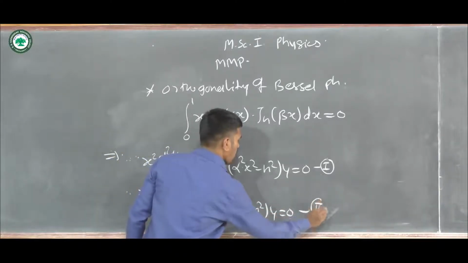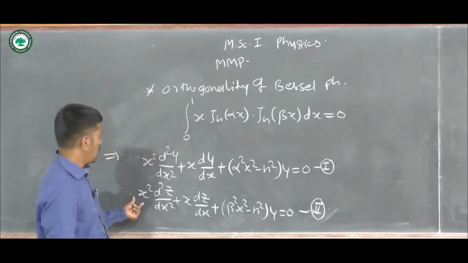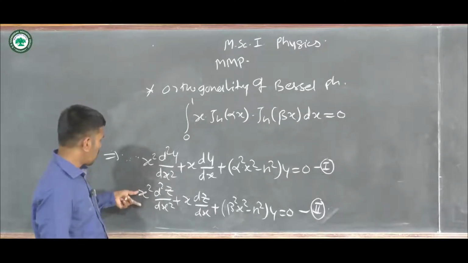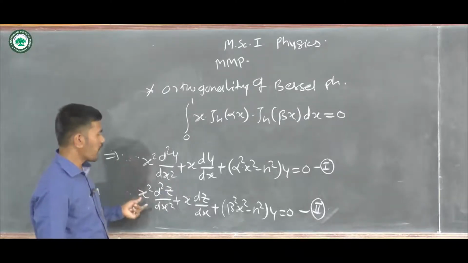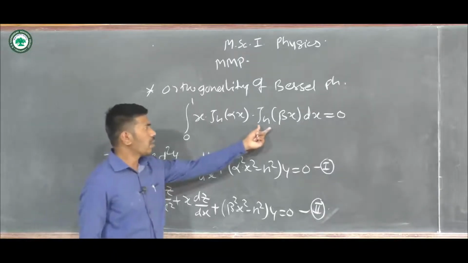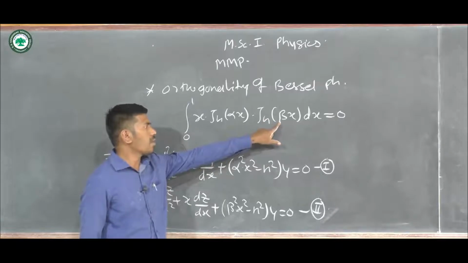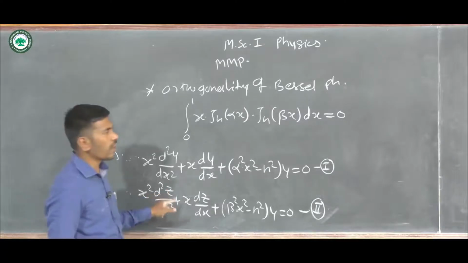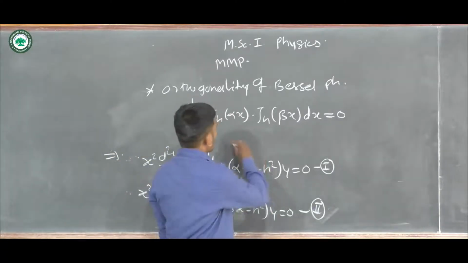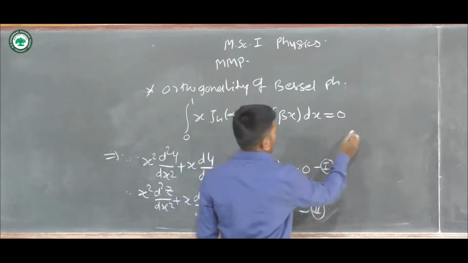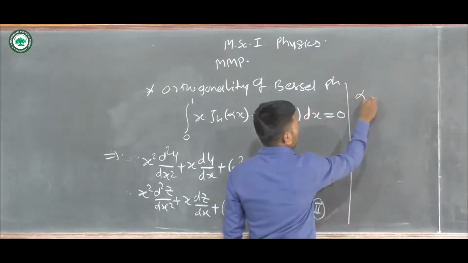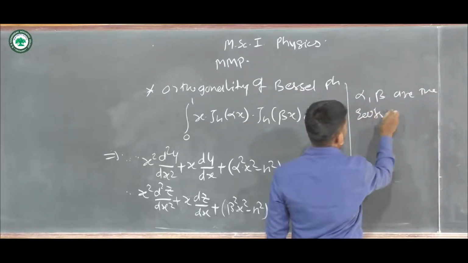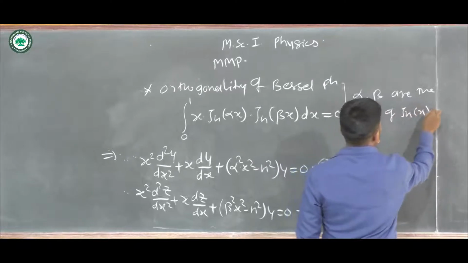This is the second Bessel differential equation. Solving it by the power series method, we find the series J_n(beta x) equal to z, because here the dependent variable is z. And alpha and beta are the roots of J_n(x) equal to 0.